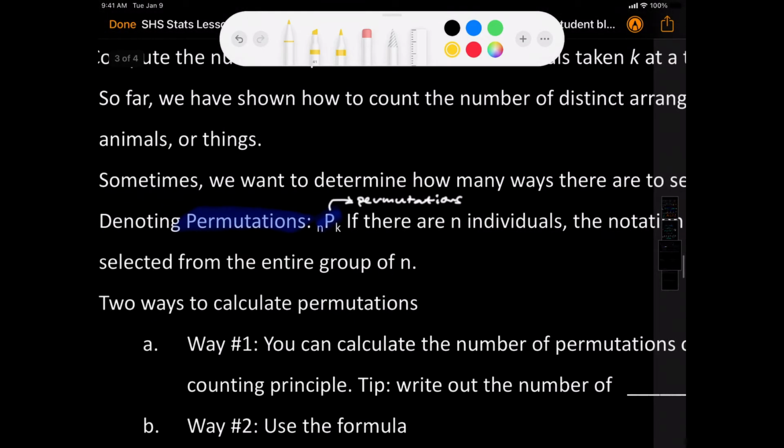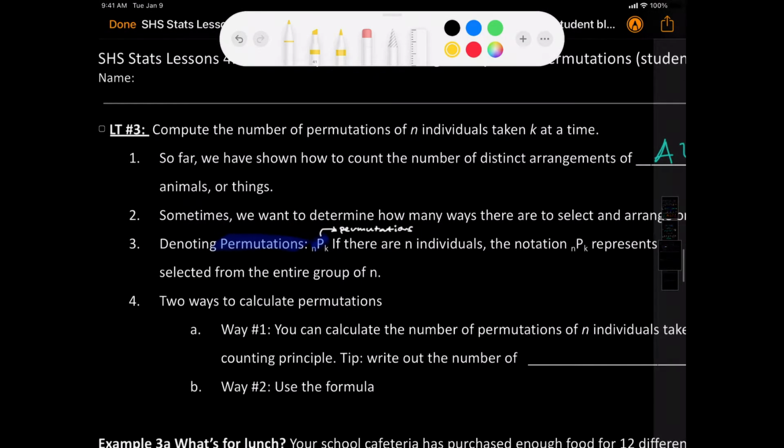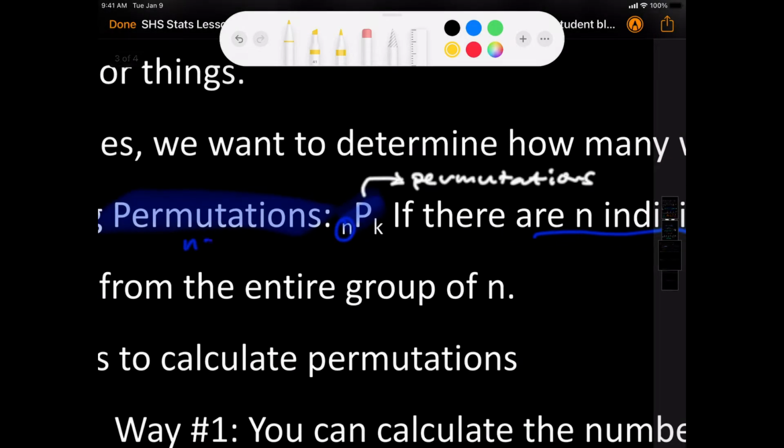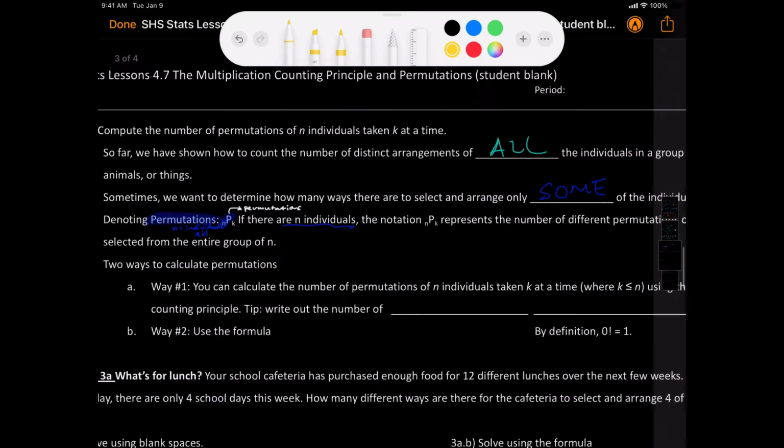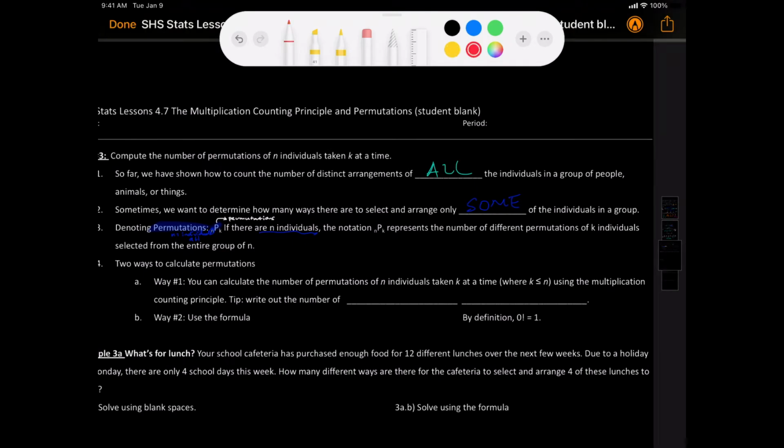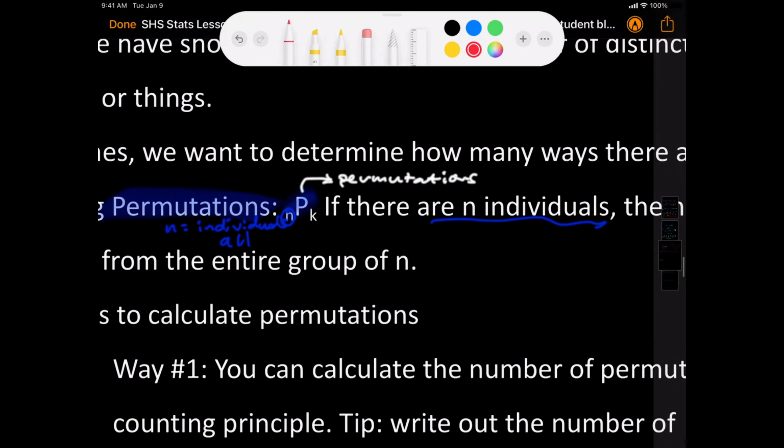If there are n individuals, I'm also going to say you can call this n equals the individuals, or the word all. How many options are you choosing from? 8 runners. And then k individuals. So this would be the sum of the individuals, not all of them.